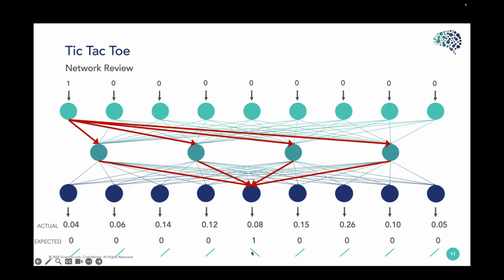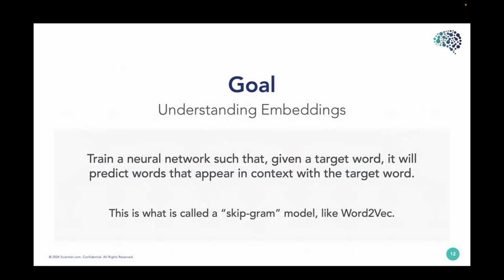That was the goal of the network, and the training increased the weights of some of these edges and decreased the weights of others. So that was our neural network to play tic-tac-toe.